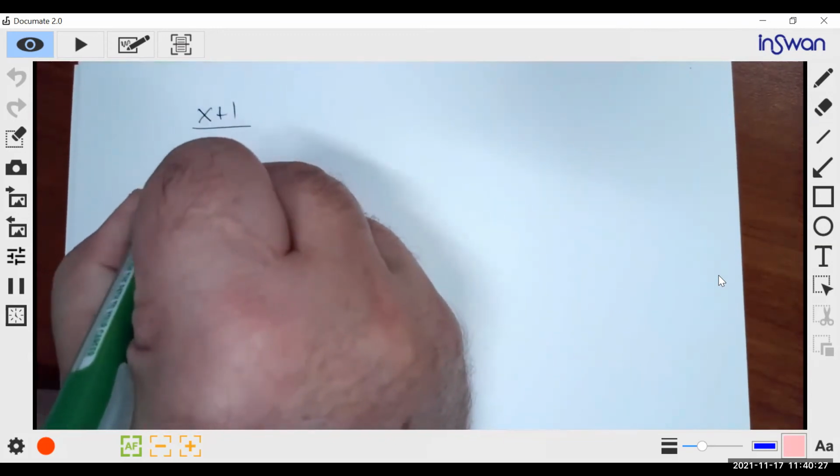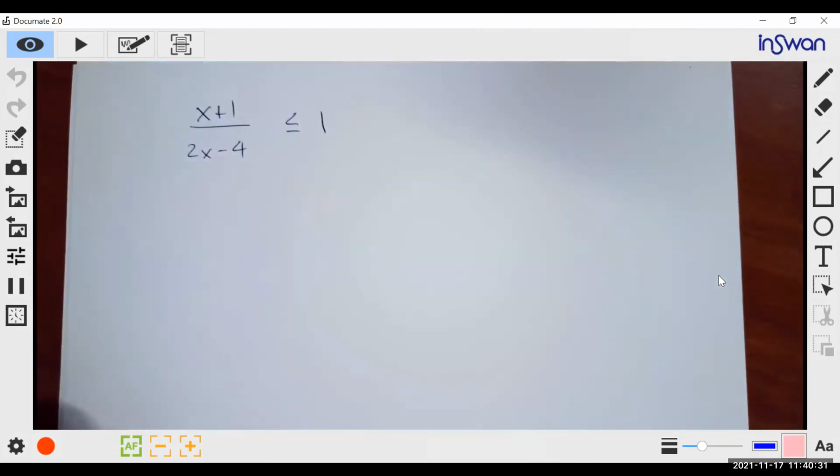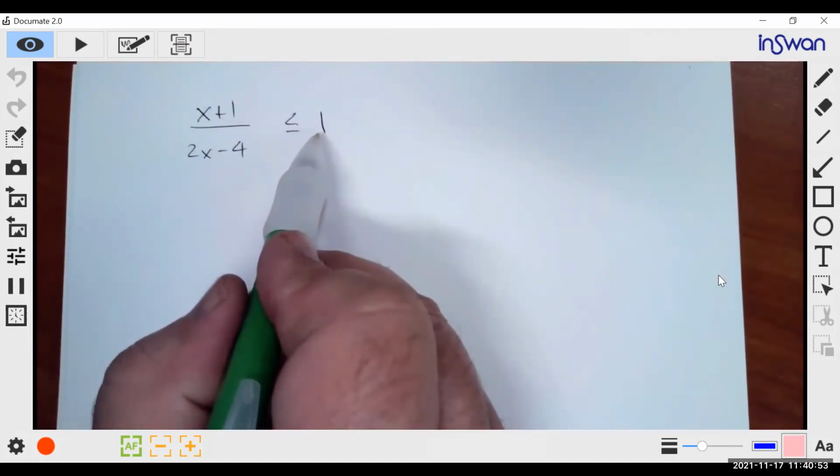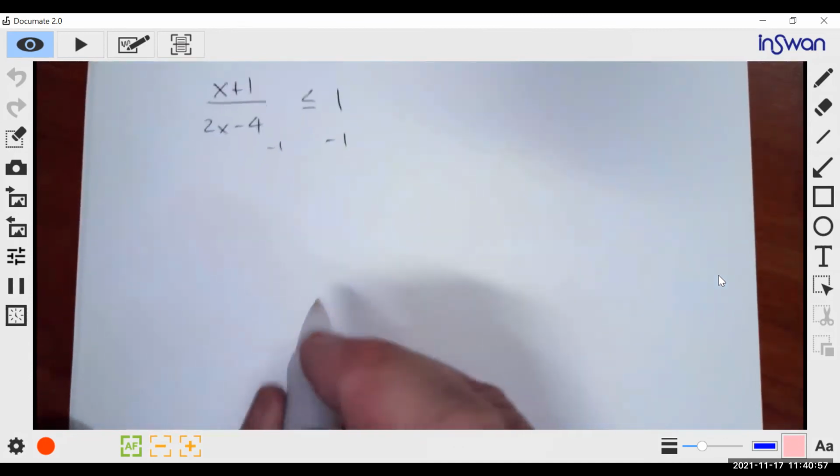x plus 1 over 2x minus 4, less than or equal to 1. What's my first step? Is it 0? Nope. I have to subtract 1 from both sides.